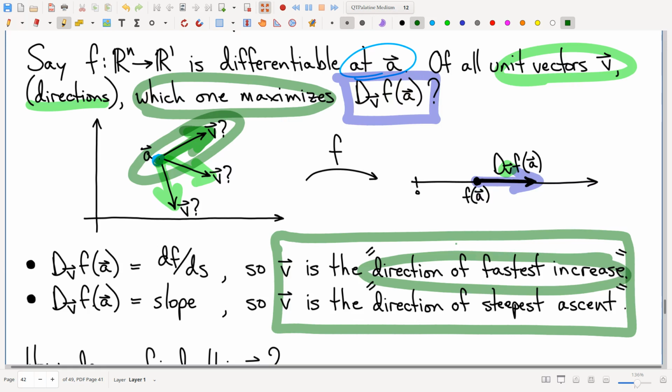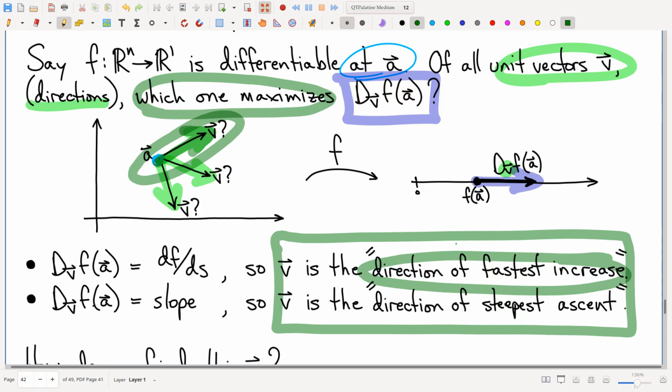Directional derivative says how fast is f increasing. I'm looking for the direction that makes how fast it's increasing as big as possible. I think direction of fastest increase just gets right on that, right? That's explicitly exactly what we're trying to do. Right? Reasonable?